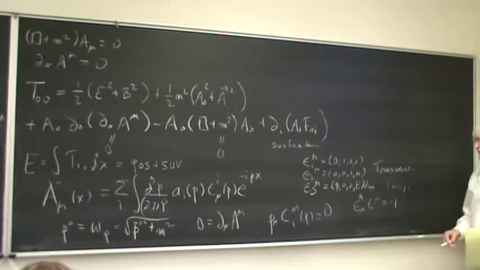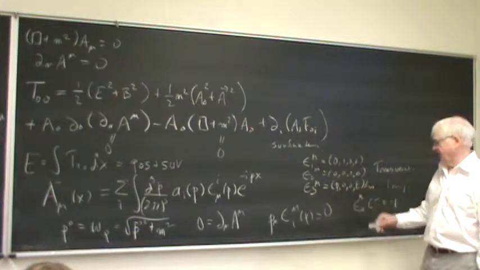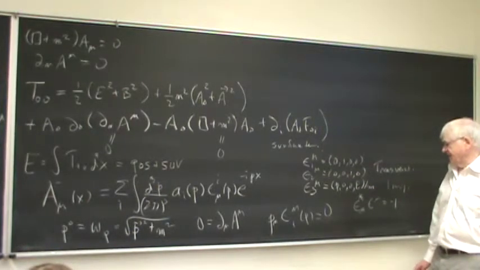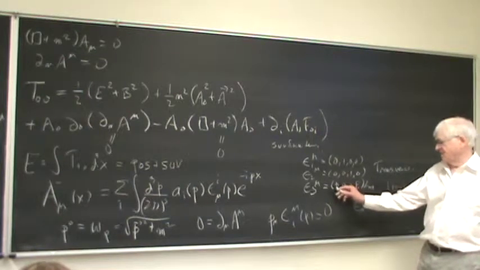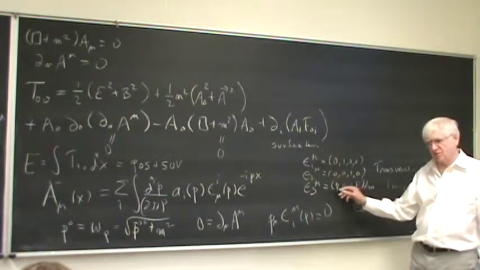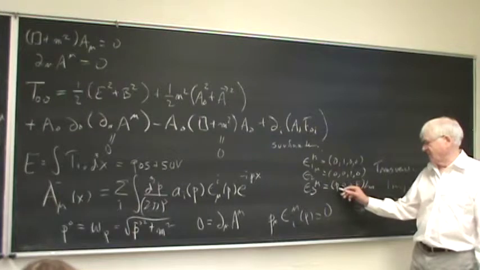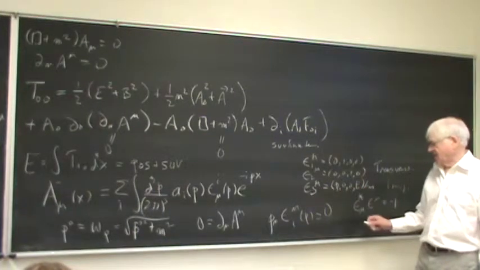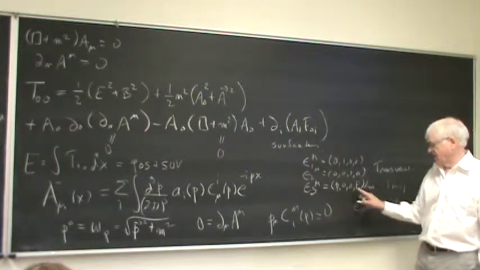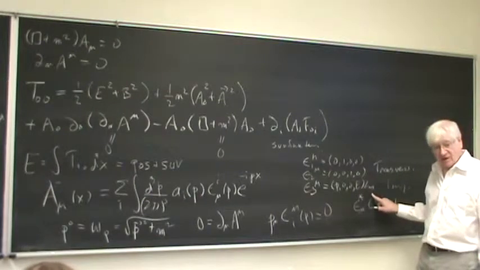Something interesting, though, there's a bit of trouble here at very high energies, and what you can see is that at high energies, the two components of the longitudinal polarization vector become very large. They become of order E over m.